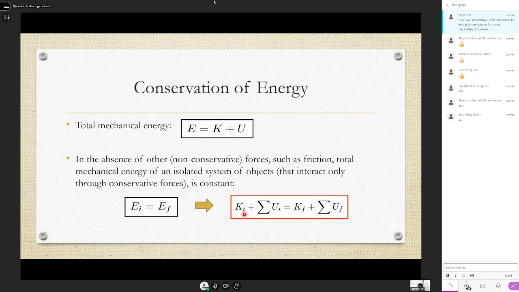So if you rewrite it, you can write it in this manner: initial kinetic energy, plus Ui, you see a summation here, because inside can consist of the elastic and the gravitational part.